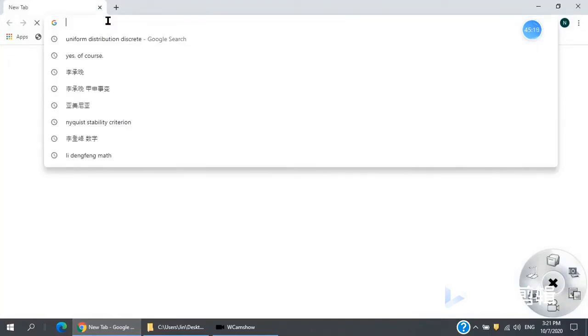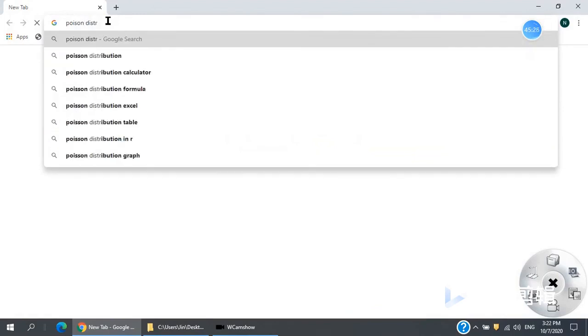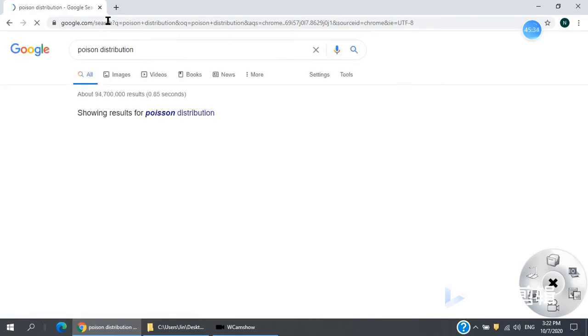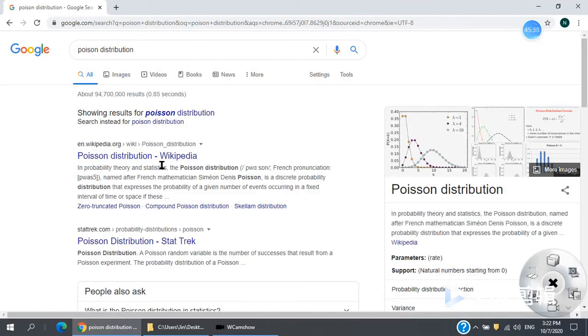One is a Poisson distribution. Oh, it should be double S. Yeah, already here. You see the graph?